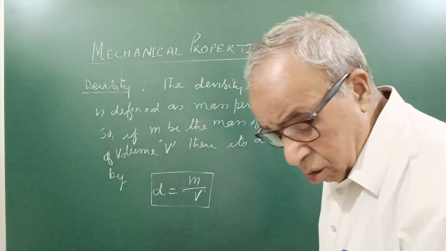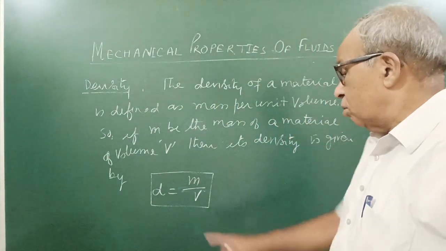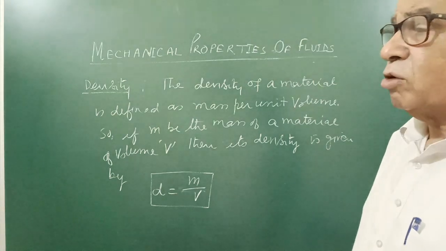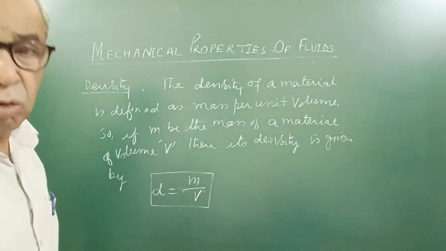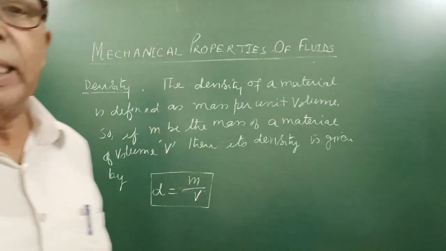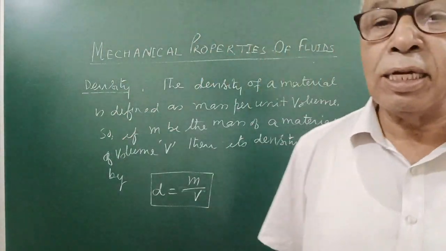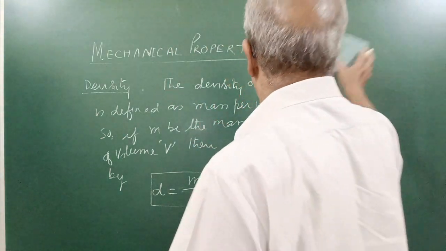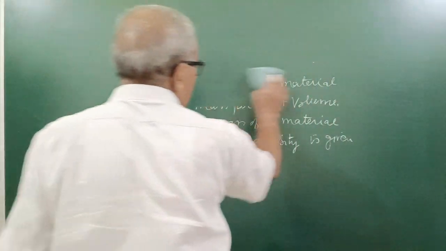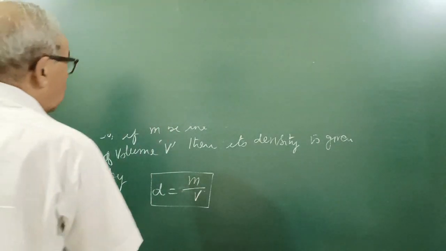So by knowing density we can know the relative heaviness. Is that clear? Now why I am telling this, because I feel difficulty with students when I ask the unit of density.